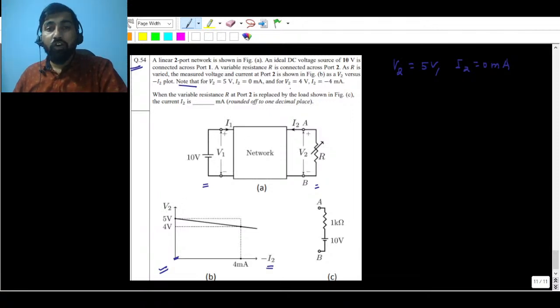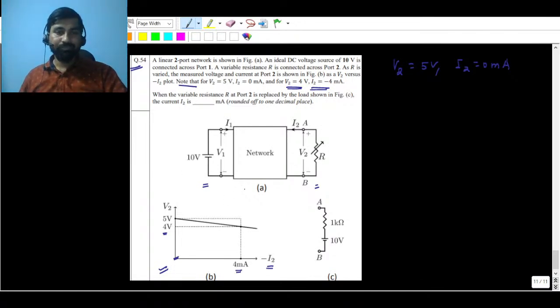For V2 equal to 4 volt, I2 should be equal to minus 4 milliampere. So if V2 is 4 volt, your I2 is 4 milliampere.